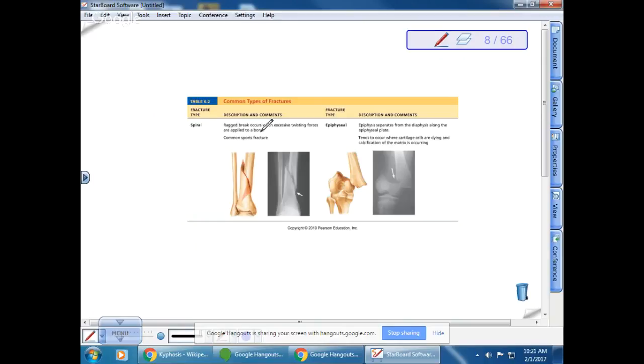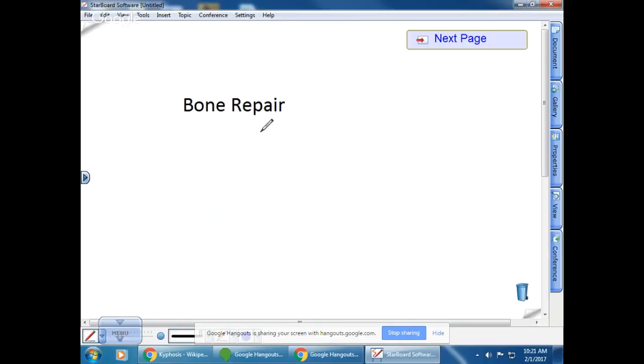Okay. So if we look at the bone repair, the mechanism of bone repair. When you get a fracture in your bone, the first thing that has to happen is you get what is called the hematoma formation. So what is a hematoma? It is a blood clot.